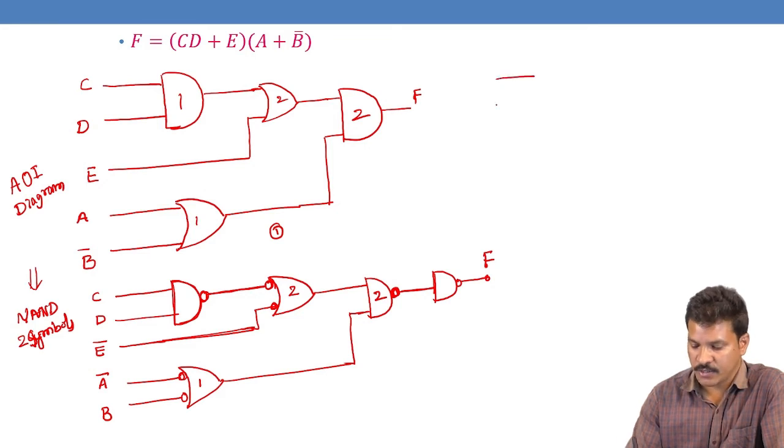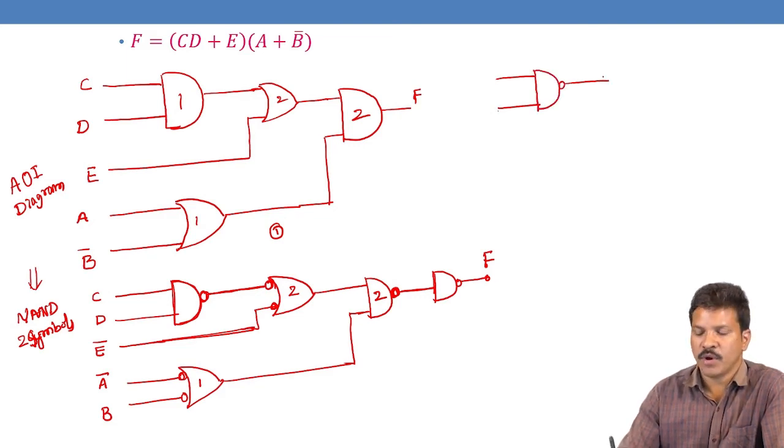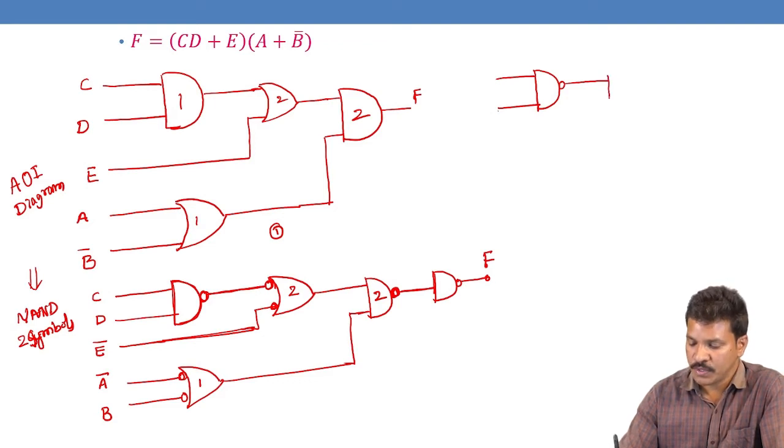First it is a NAND gate, so no need to change that NAND gate. And then this bubbled OR gate can be changed into a NAND gate because it is equivalent to a NAND gate. So take the variables as they are.